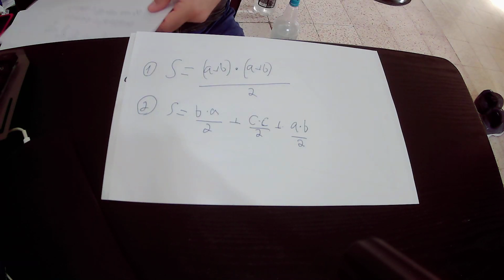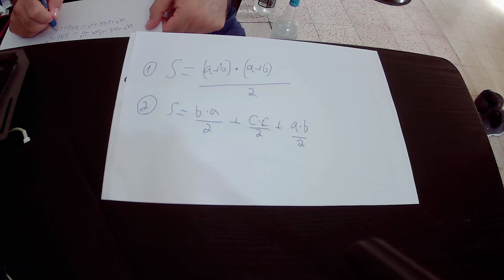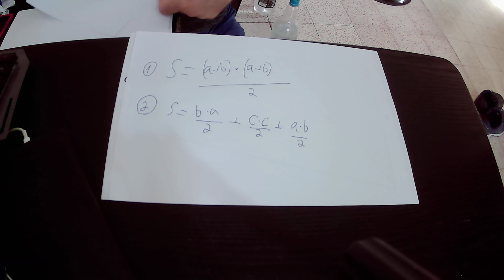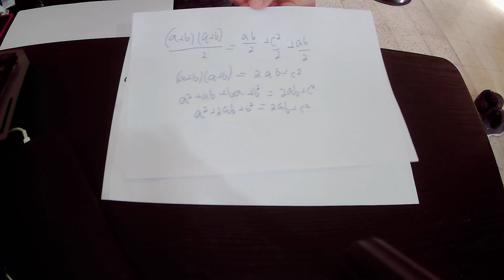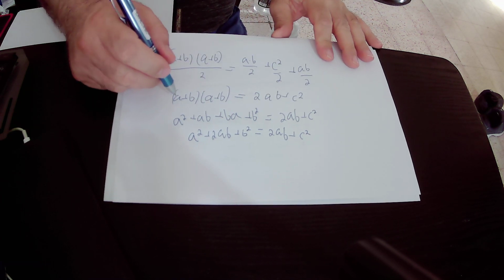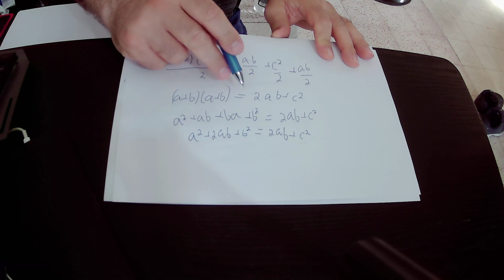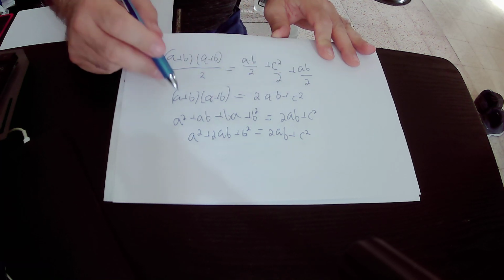So A squared plus 2AB plus B squared equals 2AB plus C squared.